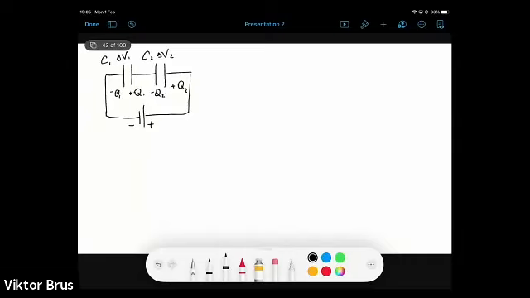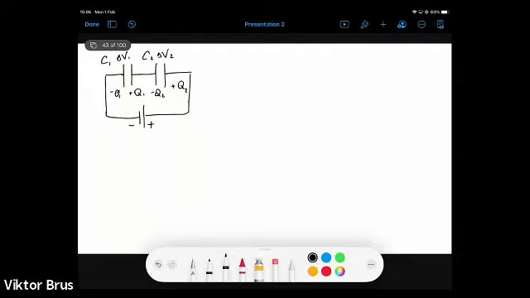Now, pay your attention to the fact that only external plates are connected to the power supply, to the battery. And that's only those plates which can participate in the charge transport via the wires and battery from one plate to another.